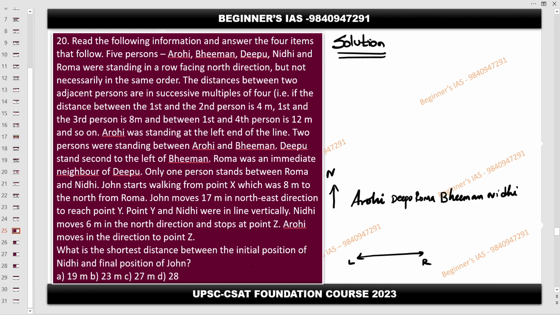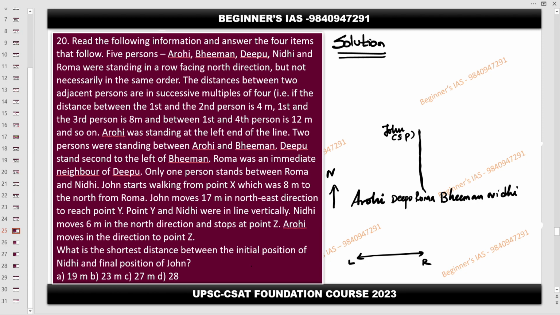Now we have arranged the positions. John starts walking from the point X, which is 8 meters to the north of Roma. So this is Roma's north, and this is John's starting point.